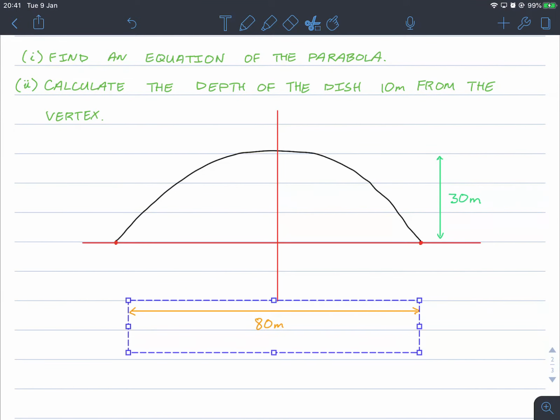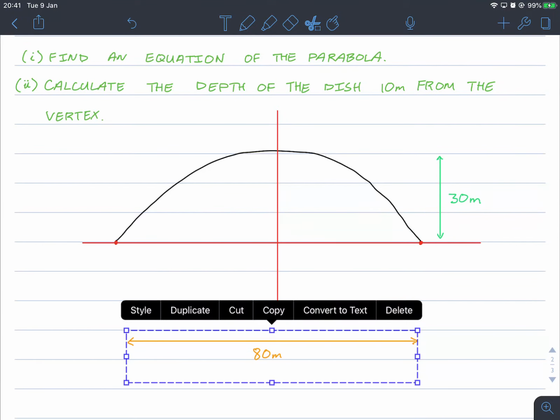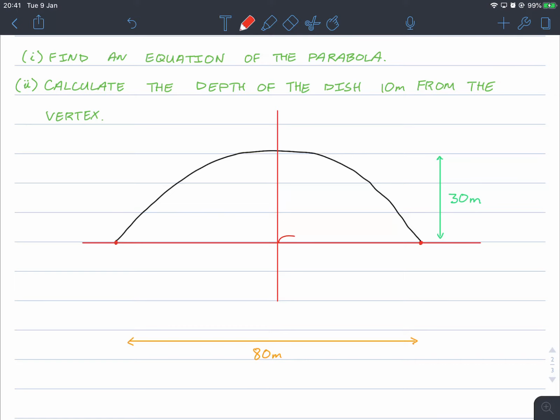Consider it. Well, if this is 80 meters apart, well then halfway here must be 40 meters. Okay? Which tells me that this point here is at x is equal to 40. This point here is x equals 40, which means this point all the way down here is x is equal to negative 40.